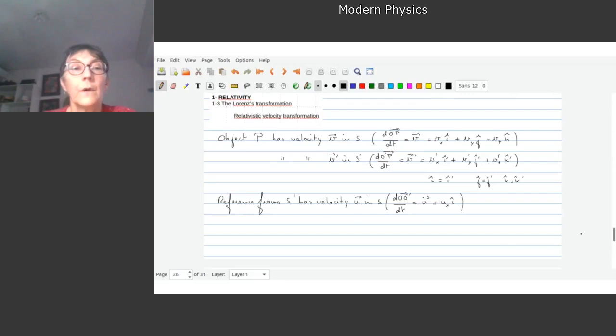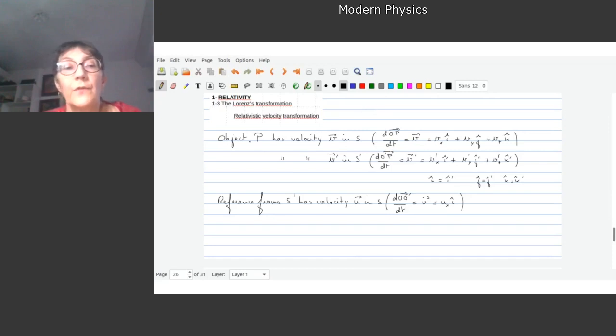So the Lorentz transformation we just studied was for one event at position x, time t. And now we will want to describe the movement, for example, of some particle.